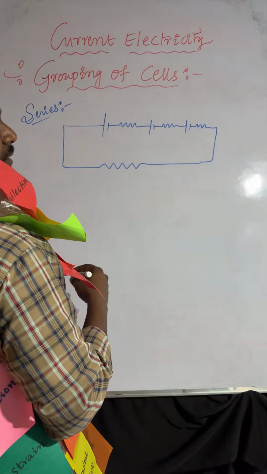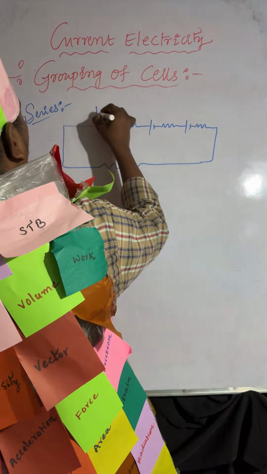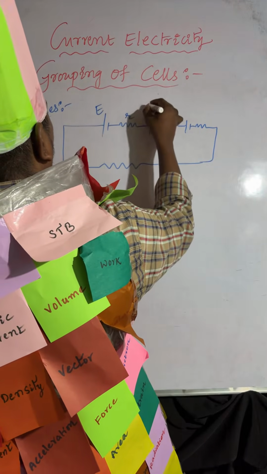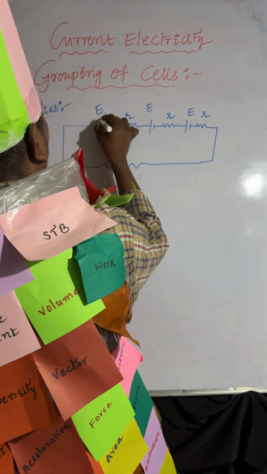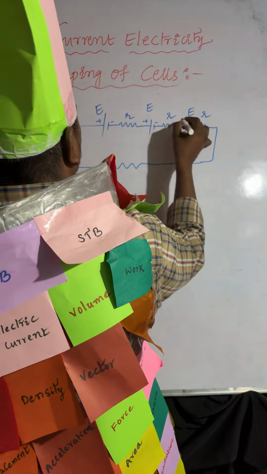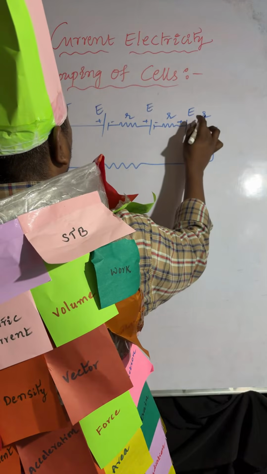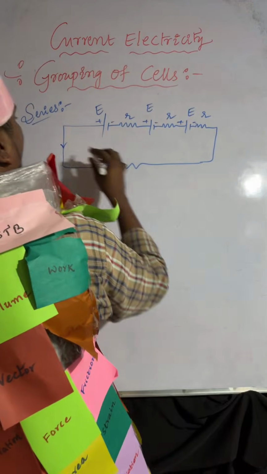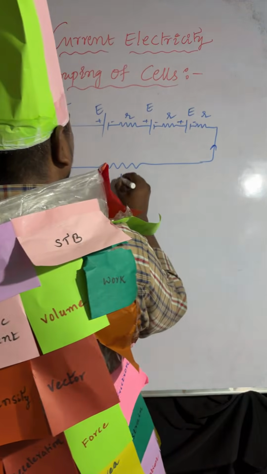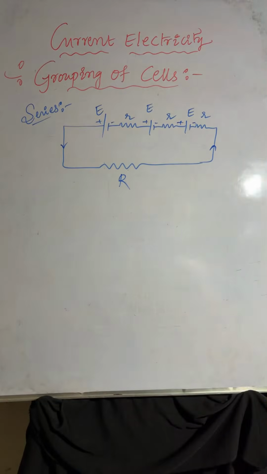Now you can observe E, R, E, R, E and R, positive, negative, positive, negative, positive, negative. Current is flowing like this. This is the external resistance. Cells are connected in series combination.